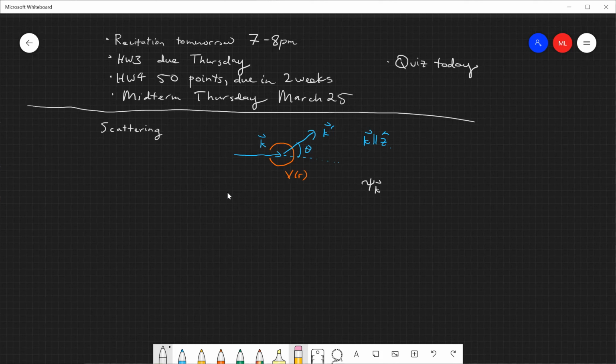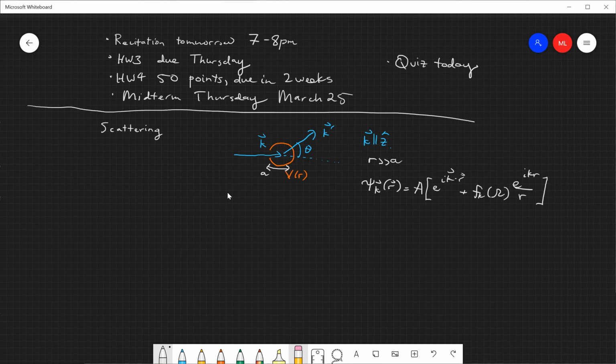So the solutions to the Schrodinger equation are labeled by the incoming momentum, and far away from the potential, the scale of this being like a, the solution just looks like an incoming plane wave plus an outgoing spherical wave, which looks like that. So those are the solutions to the Schrodinger equation that we're interested in.